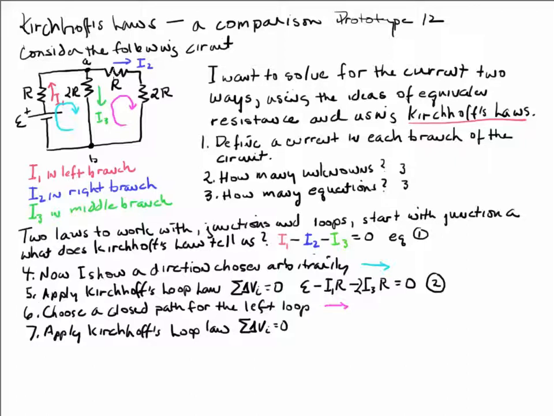Then we're going in the direction of the current through R, so that's a minus I2R. And we're going in the direction of the current through 2R on the right-hand side, and that will be a minus I2 2R.